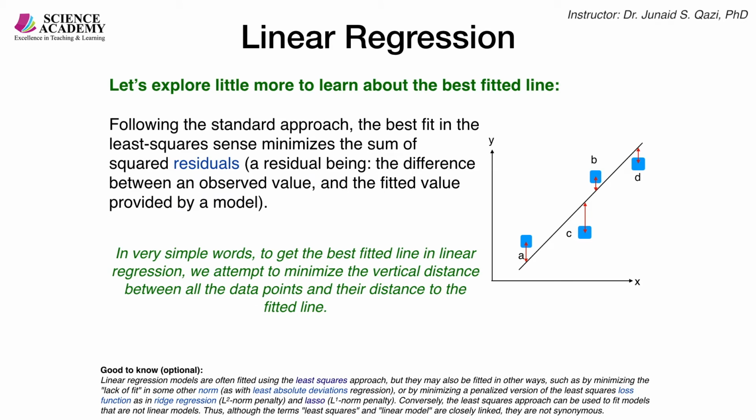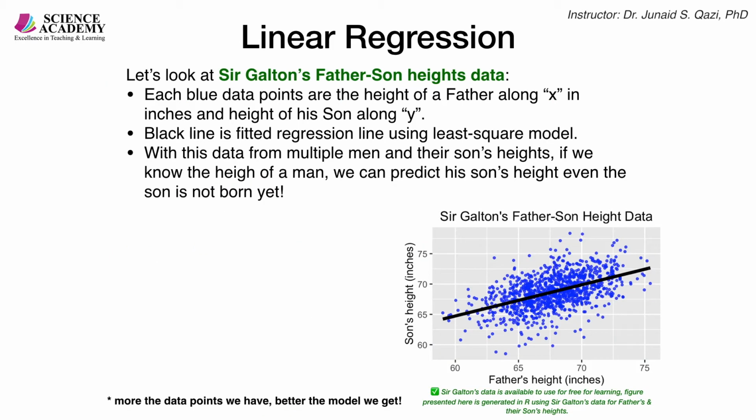In very simple words, to get the best fitted line in linear regression, we attempt to minimize the vertical distance between all the data points and the fitted line. The distances from the data points to the fitted line are shown by a double arrowed line in red color. So let's look at Galton's data once again.